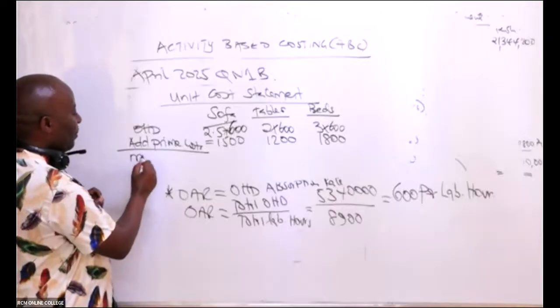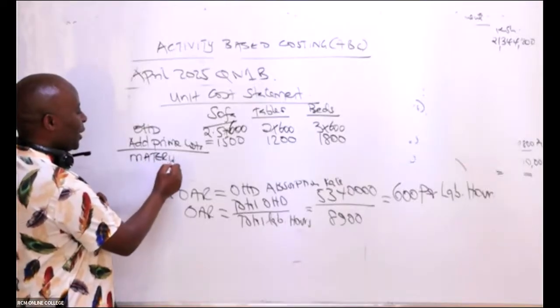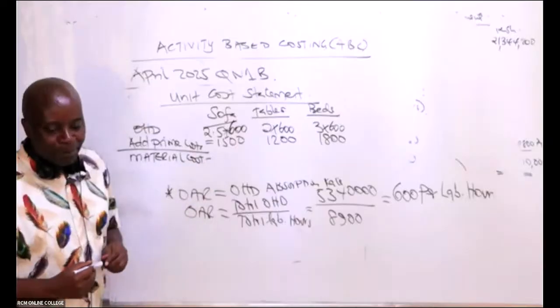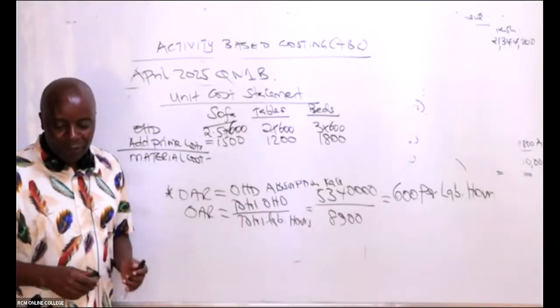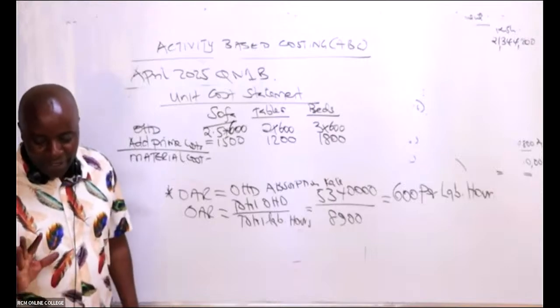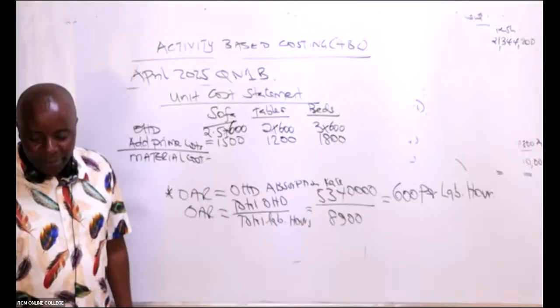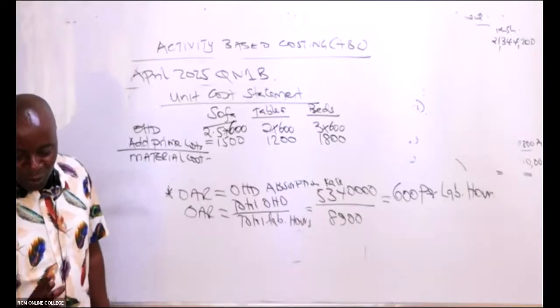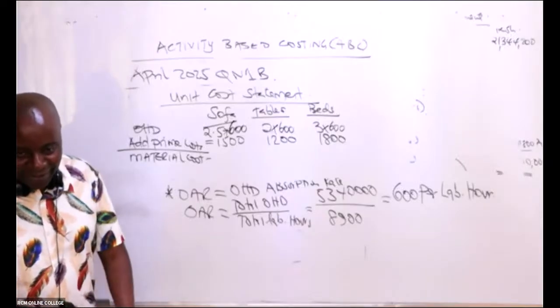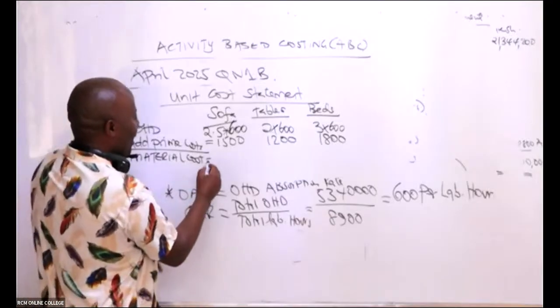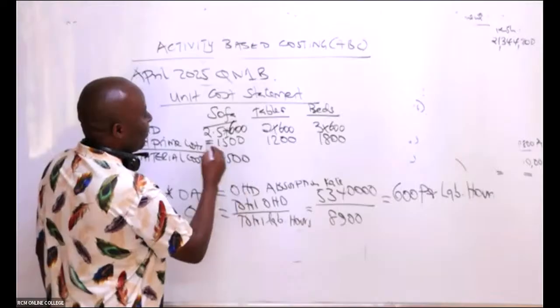So are you able to see the material cost per unit? Is there anybody who is able to see the material cost per unit? Material cost, please give me the figures. According to Jennifer, material cost per unit for sofa is 4,500. Right? So the leathers, etc. Here we need 4,500 in terms of materials.